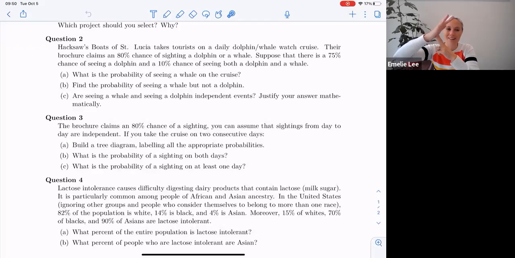I'll talk to you after class, okay? So you didn't have a sighting, and then you might have a sighting or you might not have a sighting, but the probability of a sighting is going to be 0.8 regardless of which tier you're in, because they're independent. So it's a little bit easier that way.